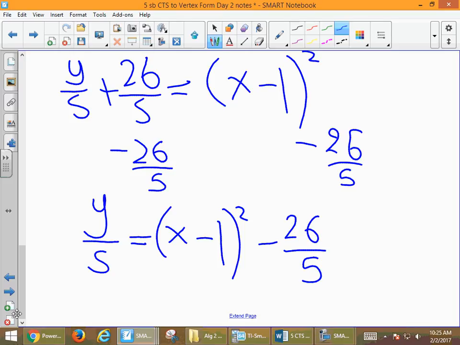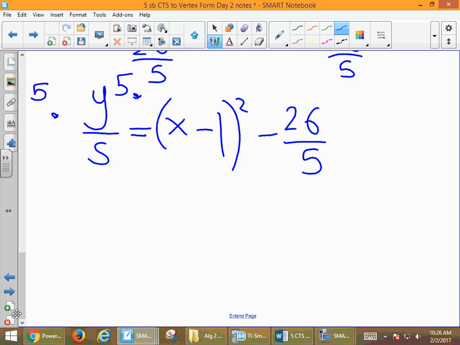And now our last step to get y by itself. Tiffany? Multiply 5 on both sides. So we can multiply everything by 5. And so 5 times 5 cancel, or 5 on the top and 5 on the bottom cancel out. So we have y, and then we have 5 times x minus 1 squared.